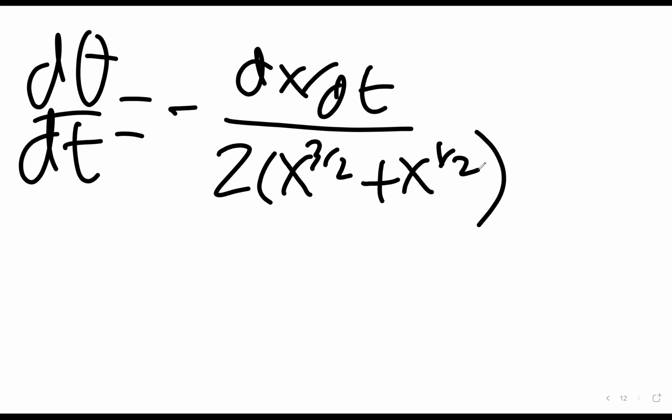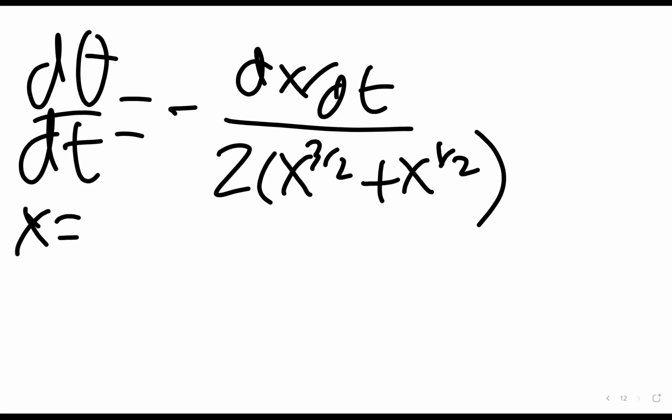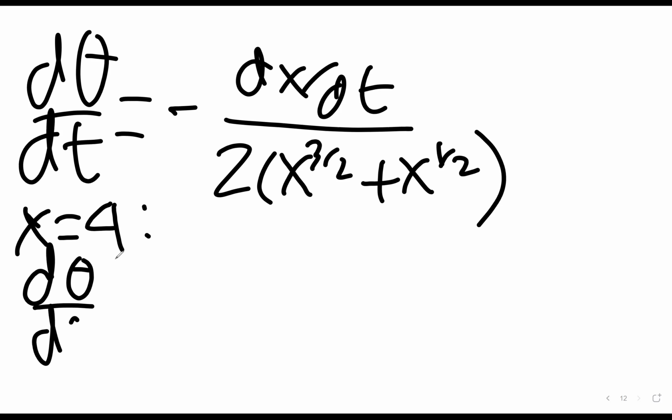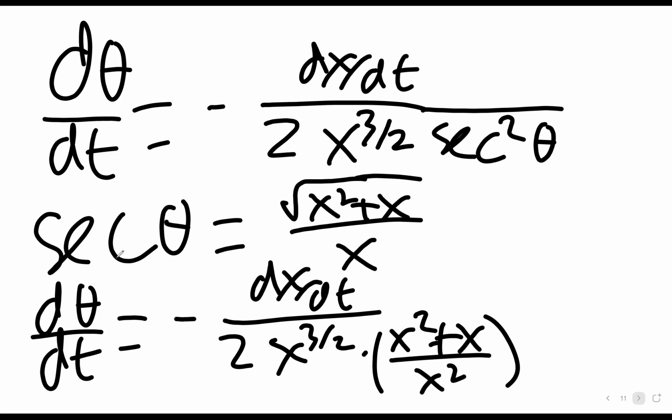Now, when x equals 4, what is the information here? x equals 4, right? We have dθ/dt equals, so what is dx/dt? dx/dt is 3.